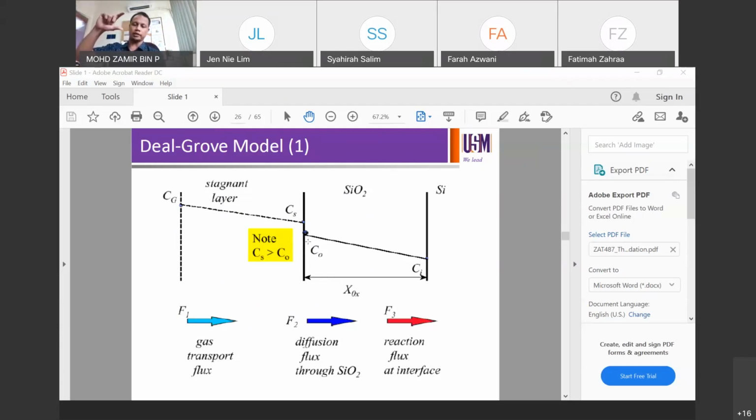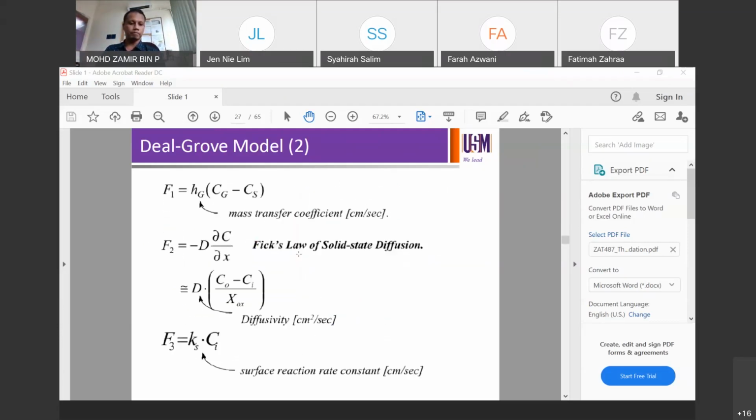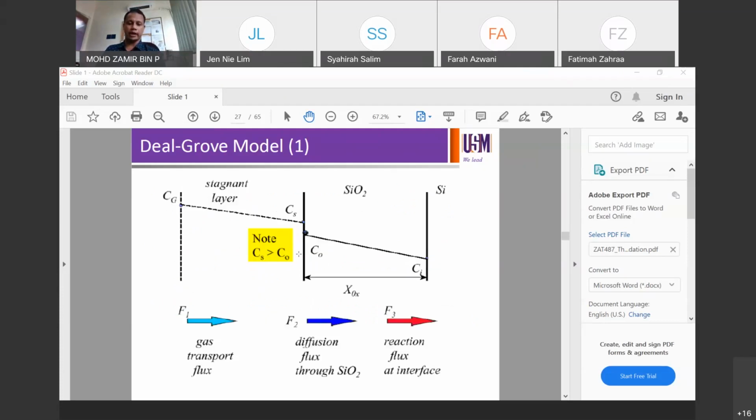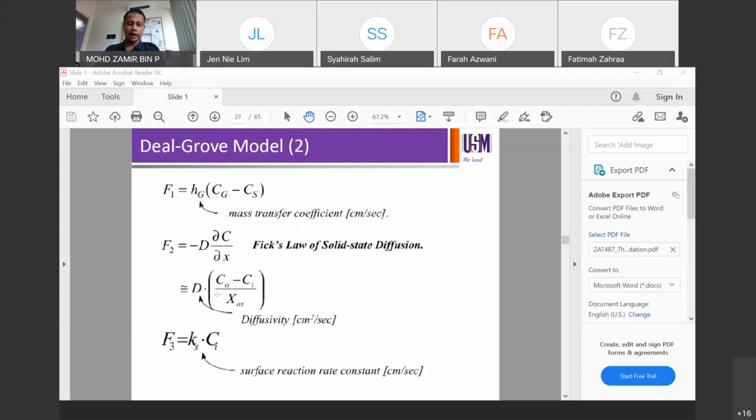Maksudnya satu atas silicon dioxide, satu dekat bawah silicon dioxide, over XOX. XOX is the thickness of the oxide. So you're going to have it times the diffusivity of the reactant. So that will give us the F2. And this F2 is actually derived from Fick's law of solid state diffusion. Fick's law of diffusion. Okay.